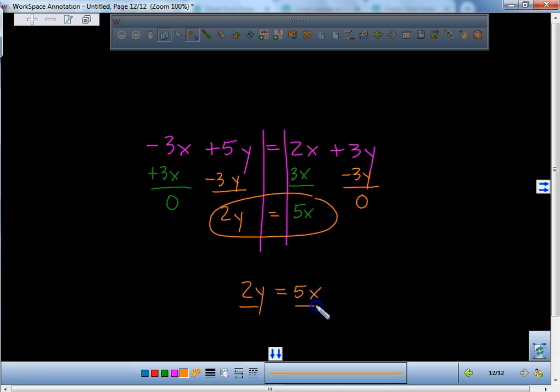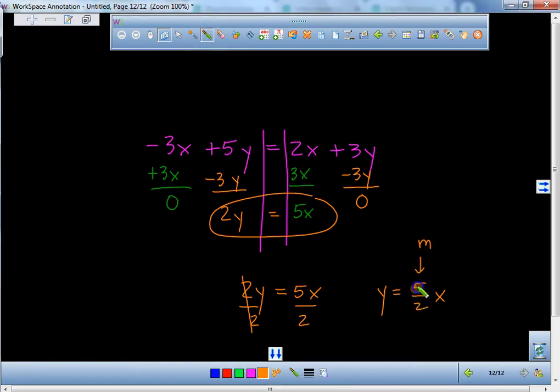So you have to divide both sides by 2. Those cancel out. What are you left with? Y equals 5 over 2x. This is your slope. So your slope is 5 over 2. All right? So if you're not sure how I do these problems, you can rewind them, go back and check them again.